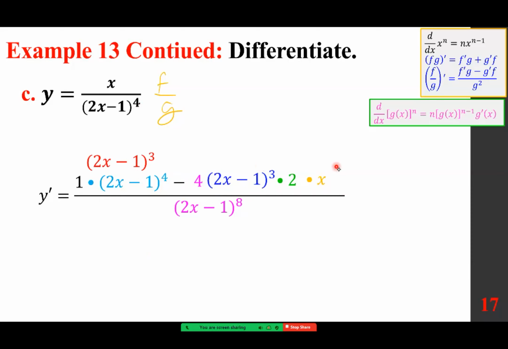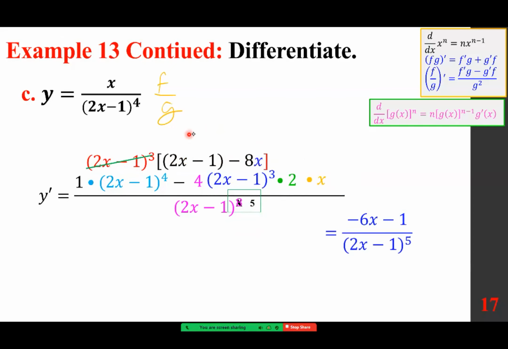The product is -8x. So the first one leaves us 2x minus 1, and the last one leaves us -8x. Needless to say, this cancels out this one, and the 8 changes to 5. Everybody, this goes away completely. This becomes 5. And the top, they add up to -6x. And we are done. So -6x minus 1.